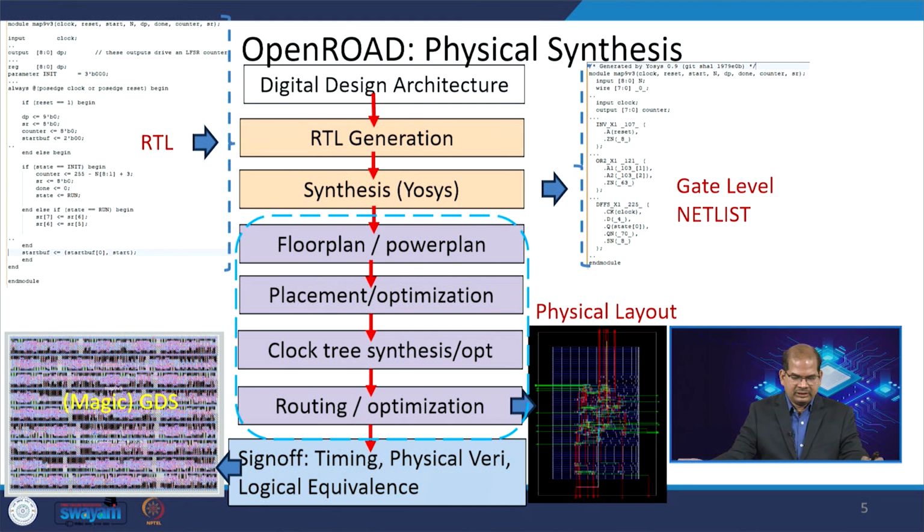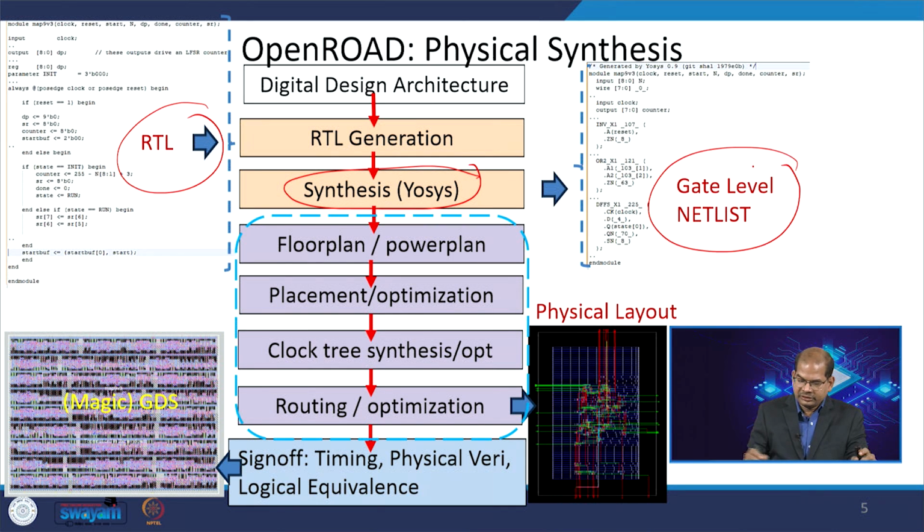If you look into this, it is a very complex picture, but it is very simple. You have an RTL which is going to a tool like Oasys, and it does logic synthesis here. It produces the gate level netlist which is going as input to the physical synthesis.